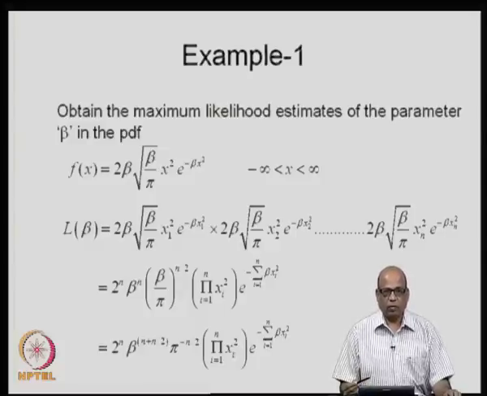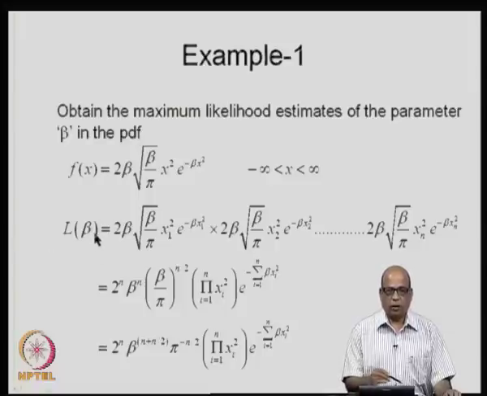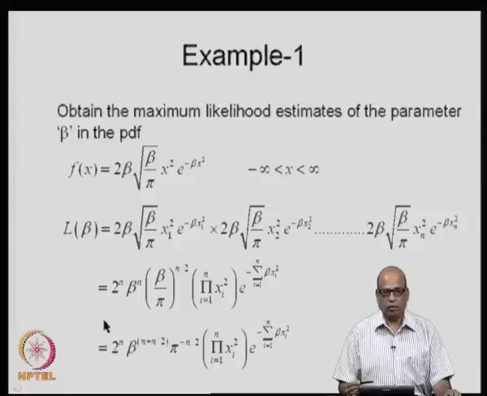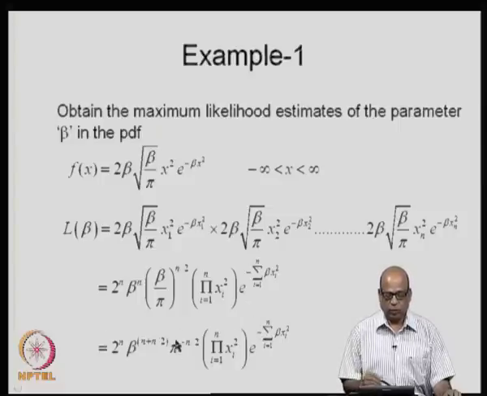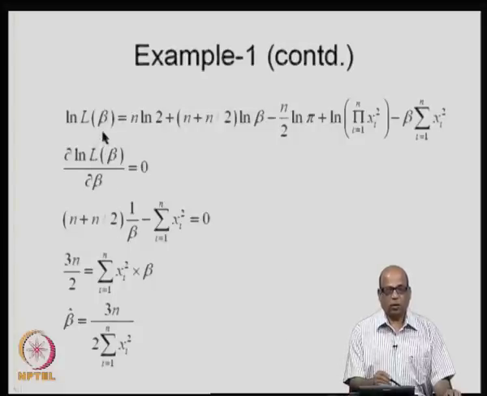What I mean by that is, log of a function is a monotonic function, and therefore, it will have the maximum value at the same point where the function itself would have the maximum value. Therefore, it is sometimes advantageous to take the log of likelihood and then maximize the logarithm of that function, specifically when you have exponential functions like this. So, we take the log of the likelihood function.